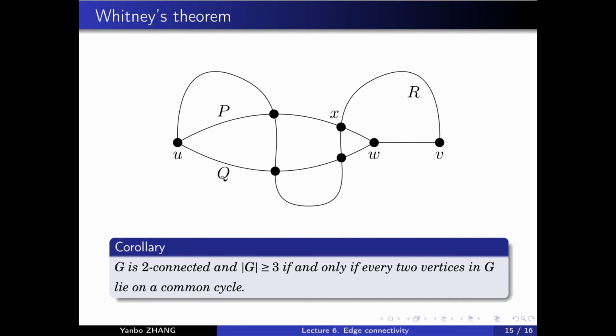From Whitney's theorem, we know that every two vertices in G are connected by a pair of internally disjoint paths. The two paths can form a cycle, so each pair of vertices lies on a common cycle. This is a necessary and sufficient condition.